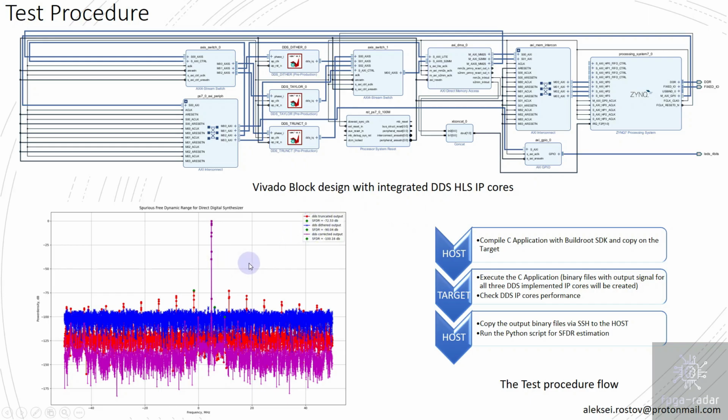By phase dither, or by adding a small noise to the phase before truncating, the spurious free dynamic range becomes -90 dB, and with the correction output by using Taylor series, the spurious free dynamic range reaches -100 dB, so that is quite good.